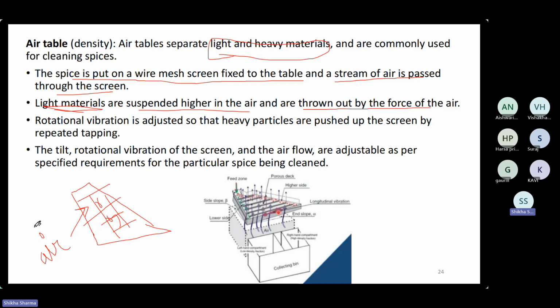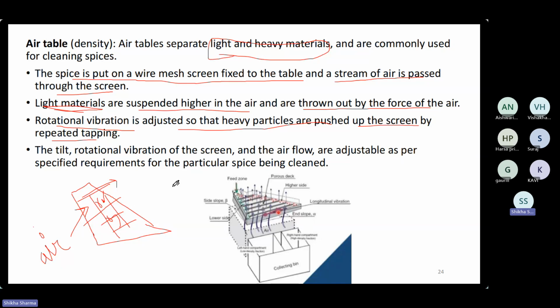So light particles will float and separate, while the heavy particles will be at the bottom and will not be able to move. So they will separate from the lighter particles. Rotational vibration is adjusted so that heavy particles are pushed up the screen by repeated tapping.